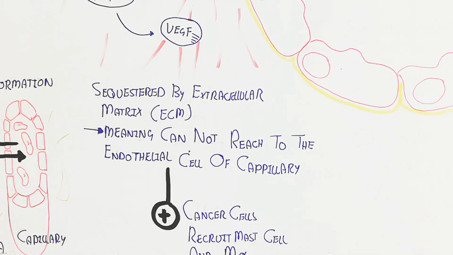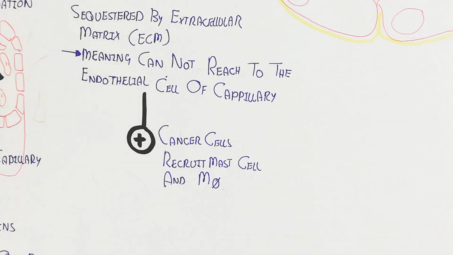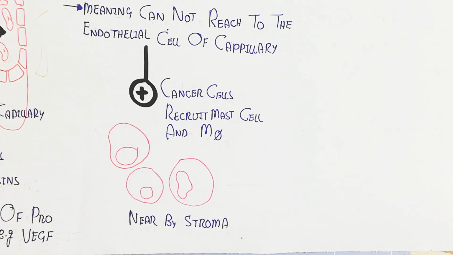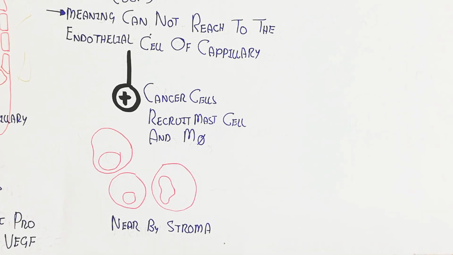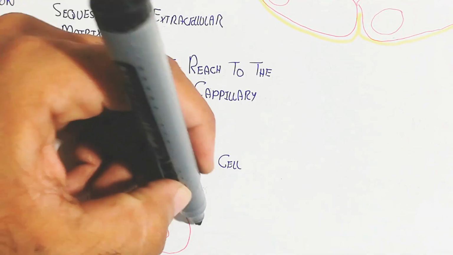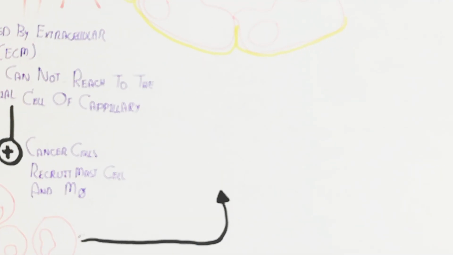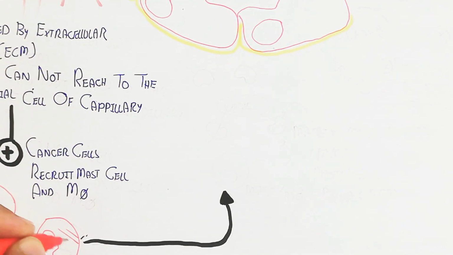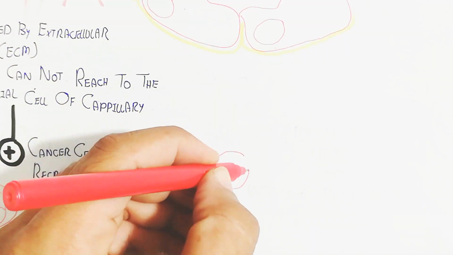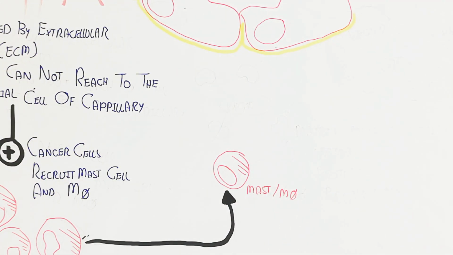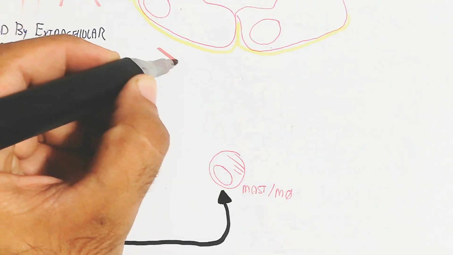So nearby stroma, there is recruitment of mast cells and macrophages toward the VEGF trapped in the extracellular matrix. In this way, the mast cells and macrophages give an inflammatory response and, due to more inflammation, produce matrix metalloproteinases, MMP.